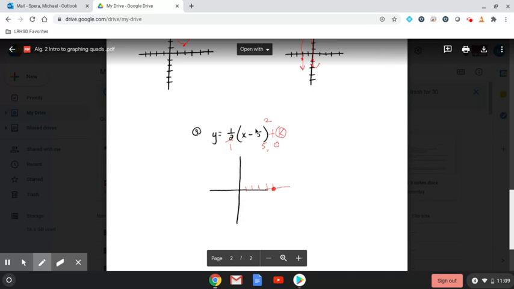Absolute value, you could get away with that, not with quadratics. We have to put it a over 1, which means we're going to go up a half. So we go up only a half unit and over 1. Up a half unit and over 1 the other way. And then you make your U.